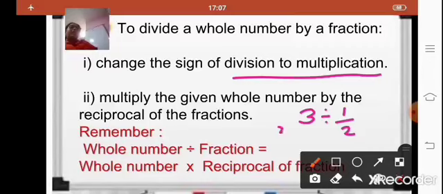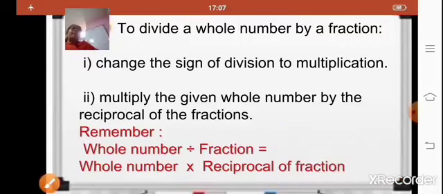So my sign will be 3 upon 1 into, and I'll write the reciprocal, that is 2 upon 1. Then multiply the given whole number by the reciprocal of the fraction. Now the reciprocal of half is 2 upon 1. So when you divide a whole number by a fraction, that is whole number into reciprocal of the fraction.